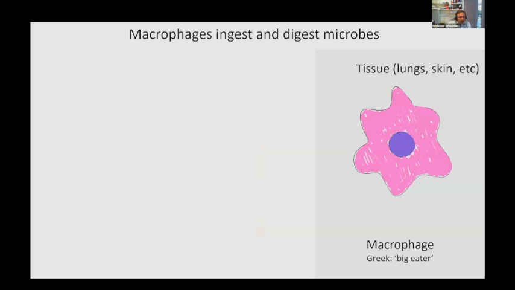So these are large cells that are known best for ingesting infective microbes. So they recognize, ingest, and digest infective microbes, bacteria, fungi, but they will also eat any sort of small particle. And they respond by producing a vast array of biologically active chemicals, some of which are important for forming a granuloma, as we'll see in a moment.